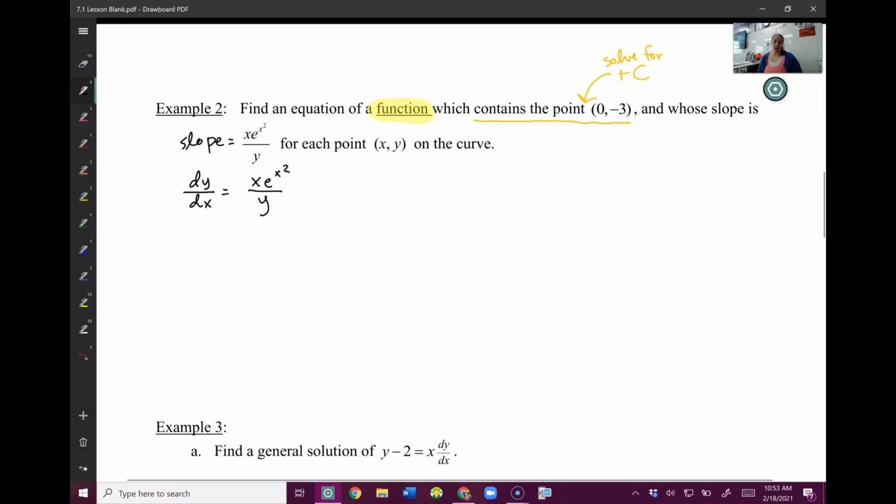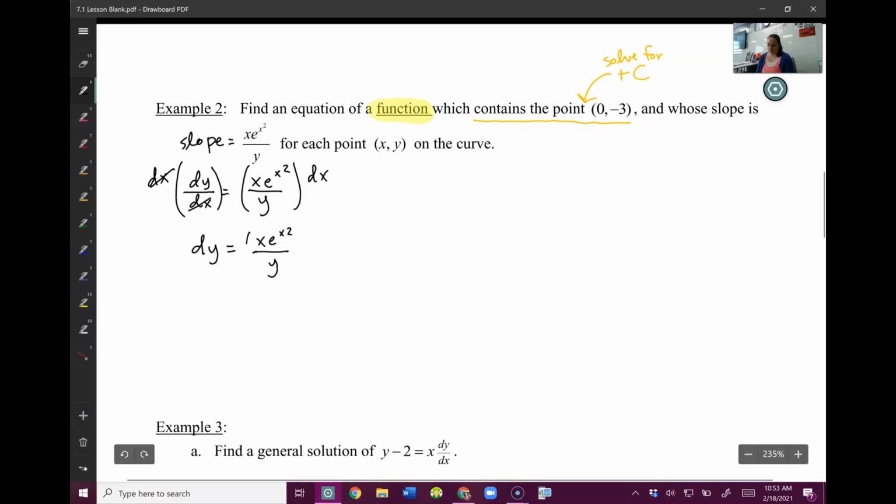I need to solve this. So remember, first step, you need to get x's on one side and y's on the other side. So let's multiply everything by dx. So now my dy is on one side, and my dx is on the other side.